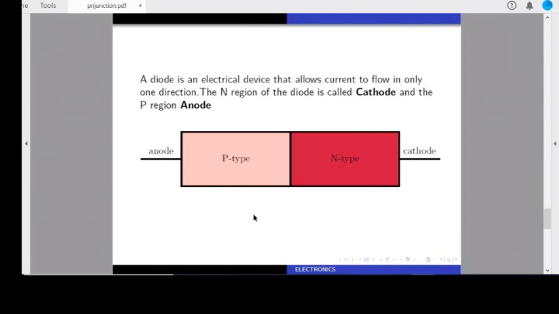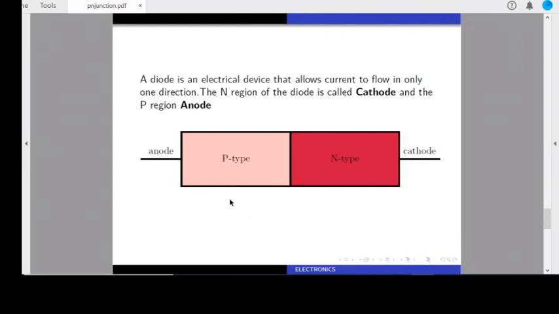A diode is an electrical device that allows current to flow in one direction with more ease than in the other direction. When a diode is connected in forward bias, it is going to allow current to flow. But if it is connected in reverse bias, it is not going to allow current to flow, or it is going to allow very, very little current to pass through, behaving like a p-n junction.